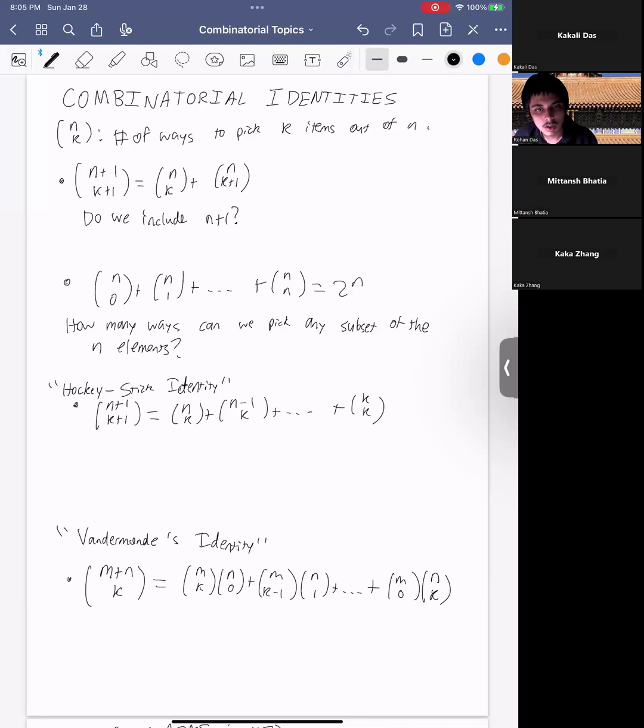But also, we have at most n elements being picked, and if we pick k elements, the number of ways to do this is n choose k. So we can think about picking subsets, and we can think about what the sizes of the subsets are.